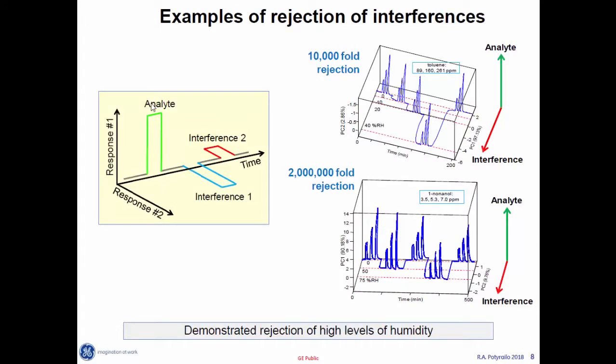This PowerPoint cartoon you've seen already, but experimentally we have learned how to push the interferences into the plane that is orthogonal to the plane of our response to an analyte that we are interested in.